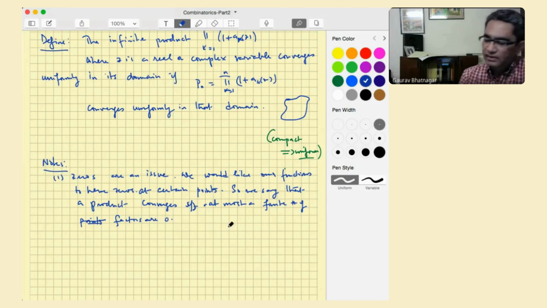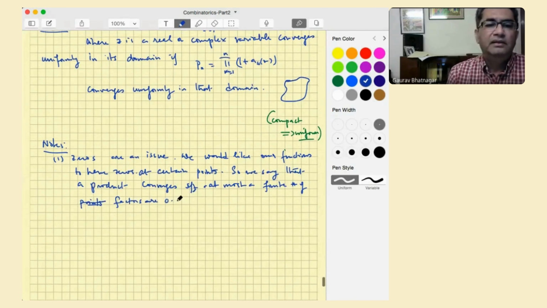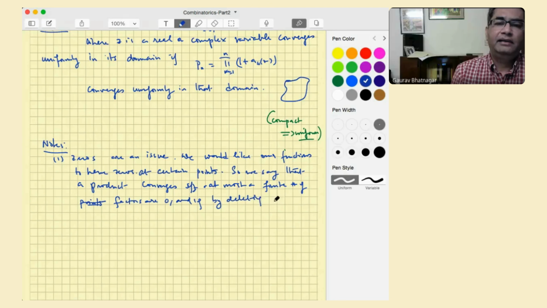So here also there are problems. And if by deleting those factors, it converges to a non-zero limit.